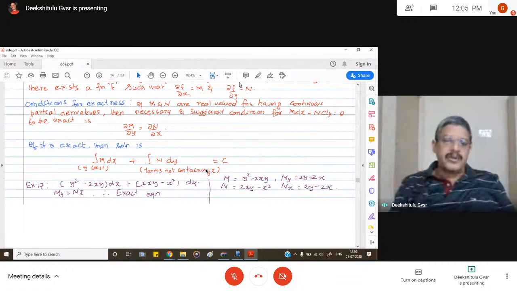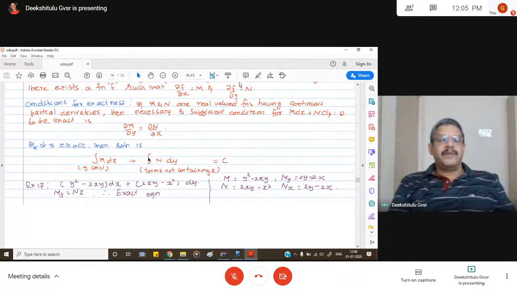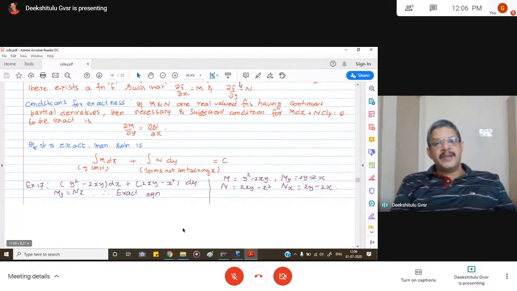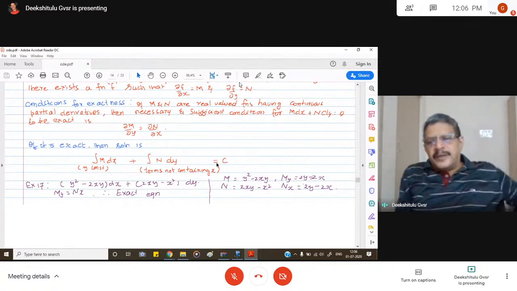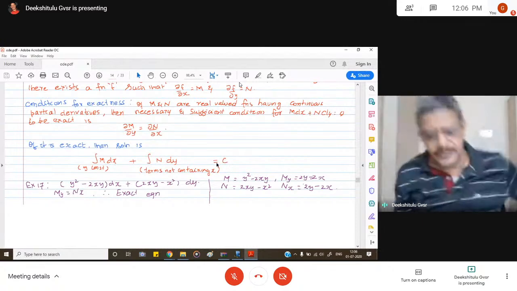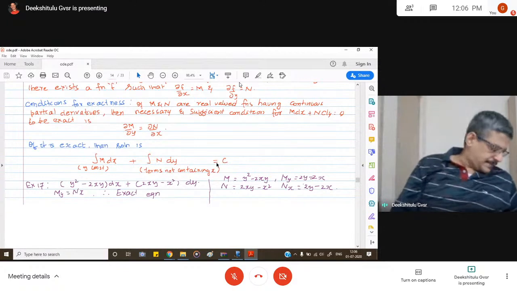Only those terms you have to integrate with respect to y. Be very careful, I repeat it. The integral of M dx, where y is treated as constant, plus the integral of the terms of N not containing x with respect to y, is equal to c. That is the solution.